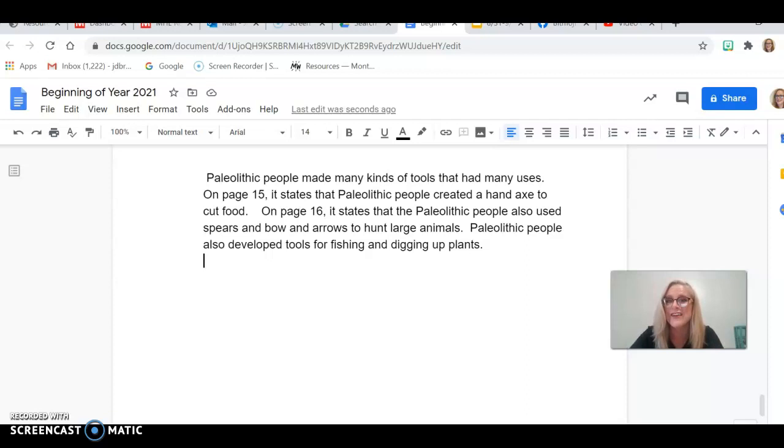Also, they're necessary to eat. And if we don't eat, we will starve, and that is not good. So all of the tools that Paleolithic people developed were to help them with surviving, right?